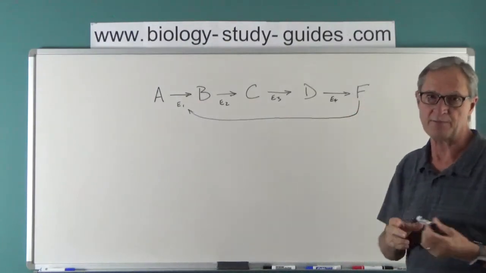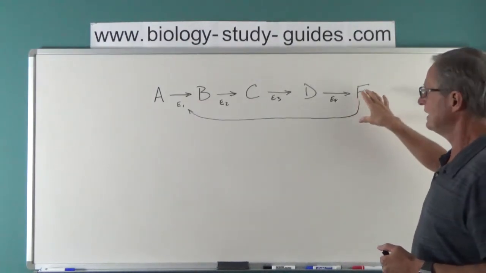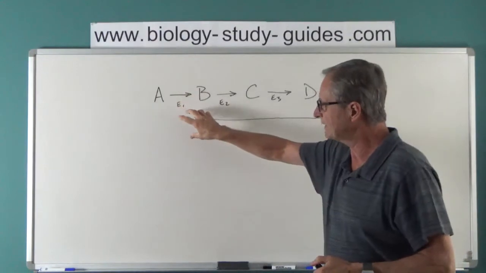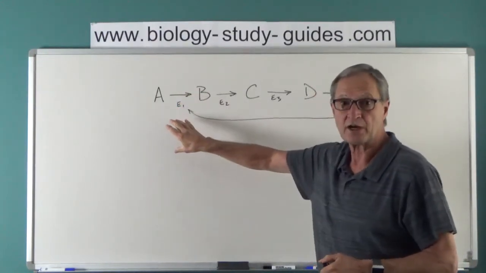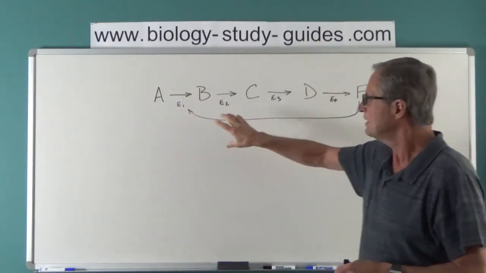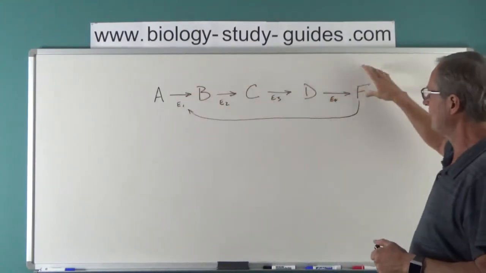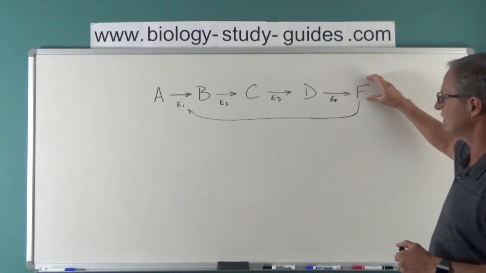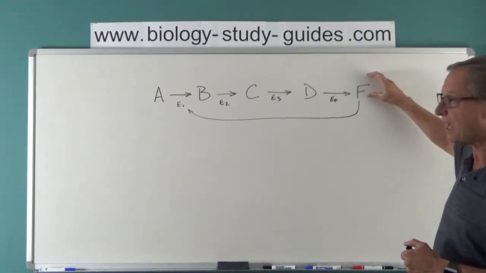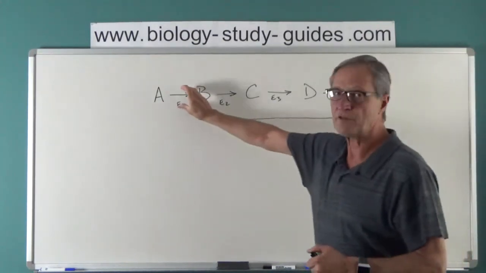And we talked about inhibitors already, that they would occupy the active site, or they'll occupy allosterically another spot on the enzyme surface. So if this reaction needs to be regulated, as the concentration of this product F builds up, it will slow down the reaction.